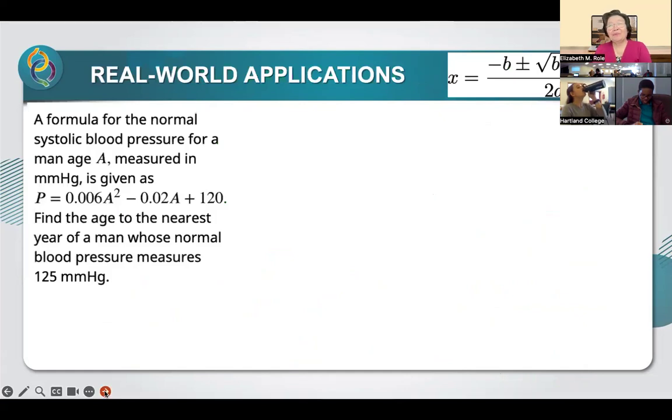Now, if you are able to do factoring, then do factoring. If you are able to use the square root property, because that's what the problem requires, then do that because it's much easier. But otherwise, if you are not sure what to do, then use the quadratic formula.